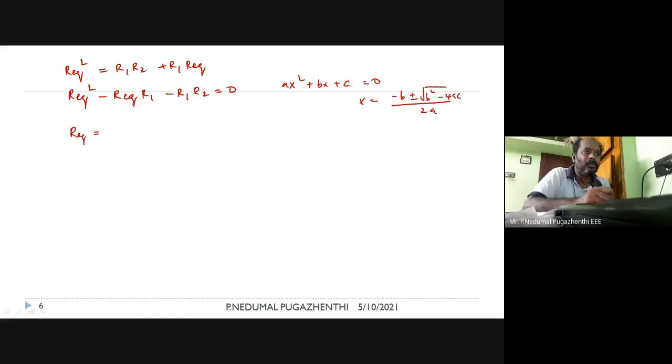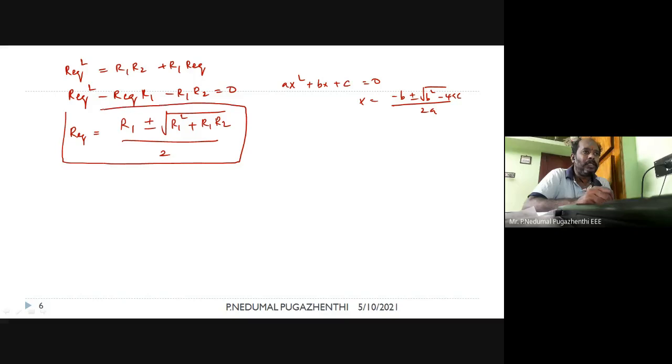You take this one, you will get minus b, so minus of minus R1 will be R1, plus or minus square root of R1 squared minus 4ac. A is 1 and C is minus R1 R2, so you will get a plus R1 R2, divided by 2 into A, which is 1. So this is your R equivalent.